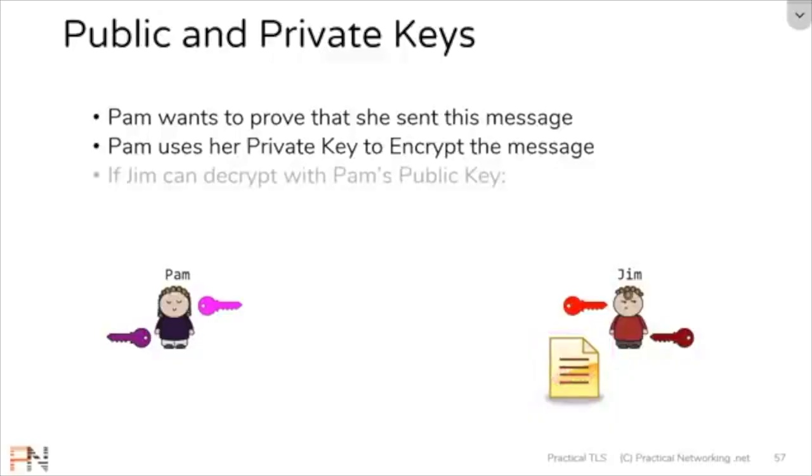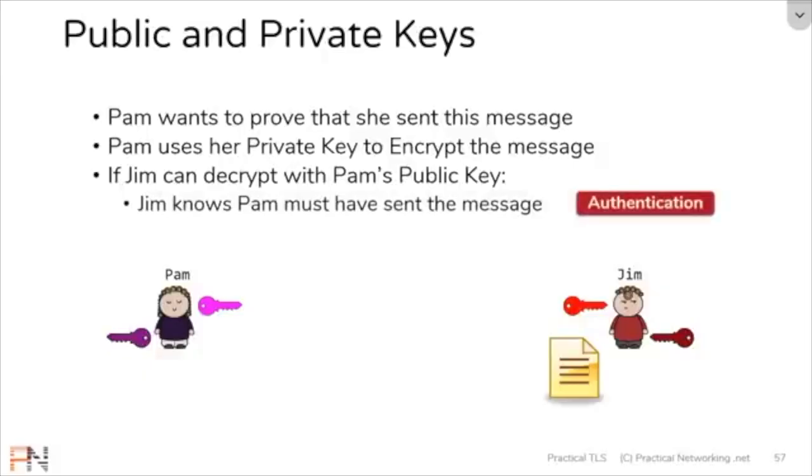If Jim can decrypt the message successfully with Pam's public key, this actually proves two things. First, it proves that Pam must have sent that message. This gives us authentication. If Jim was able to decrypt something with her public key, it proves that the only key that could have encrypted it was Pam's private key, and Pam should be the only person that has that key. Therefore, we know Pam sent that message.